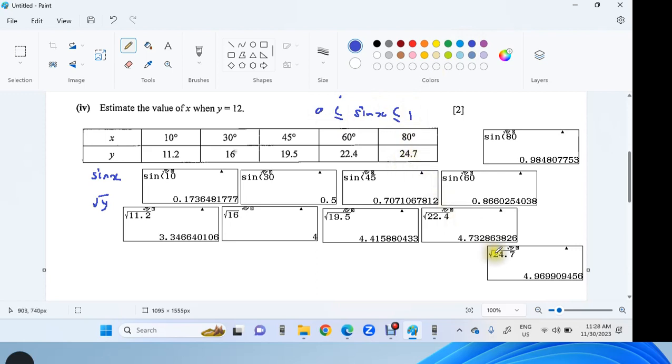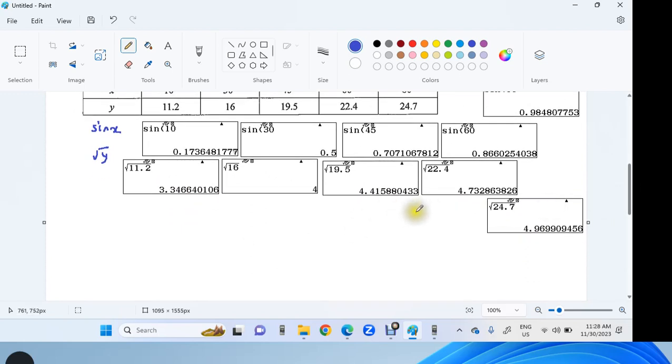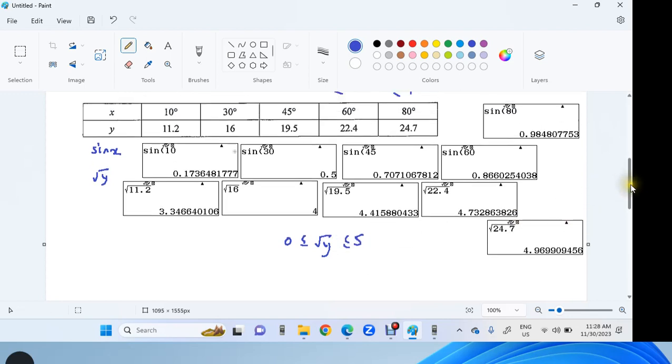And for the y-axis, we can see that the value is between 3.3 to 4.9. So let's say the maximum is 5. So I draw 0 until 5 for the y-axis.